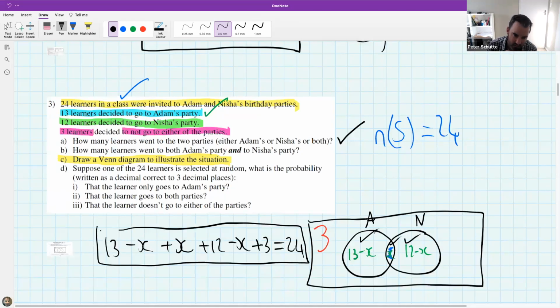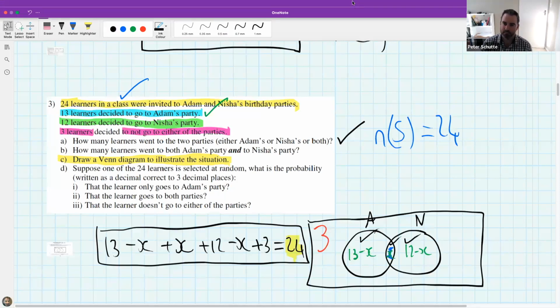What that is saying is, look, there's a 3 here, a 13 minus X, an X there, a 12 minus X, and we know that there were 24 students in the class. So we know if we solve this equation, we'll get X. And so I want you to find what is X. Solve for X for me. What is X going to be?